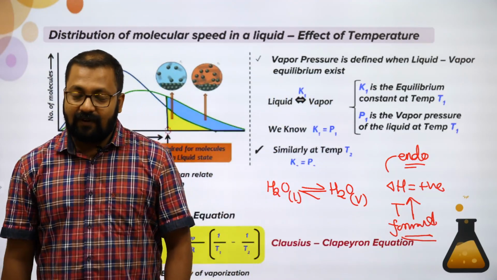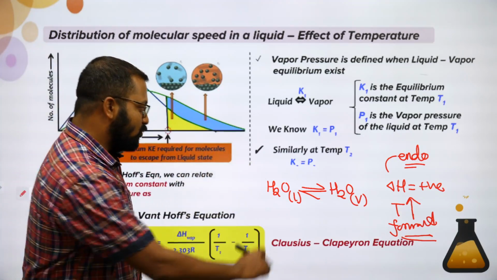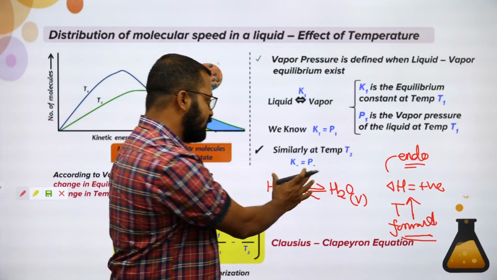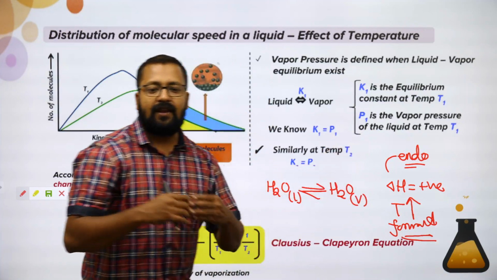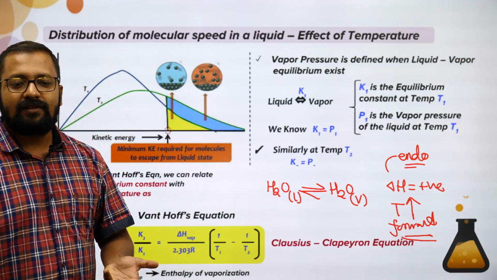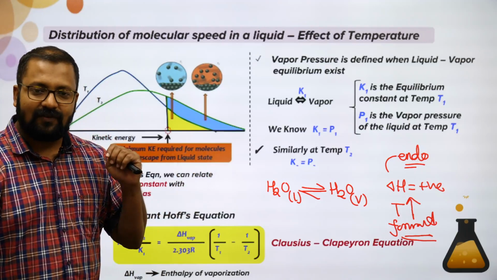And if I decrease the temperature, backward reaction will take place. So if I increase the temperature and forward reaction takes place, then more vapors are formed, and if more vapors are formed, then vapor pressure will increase.